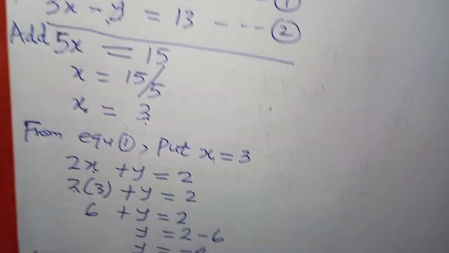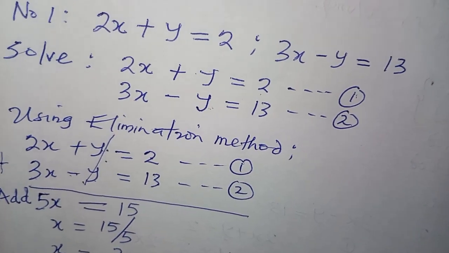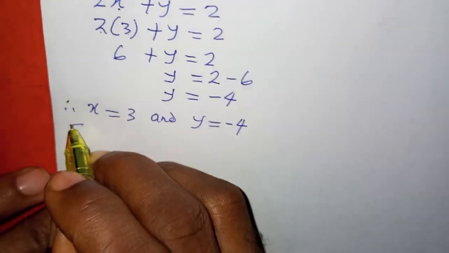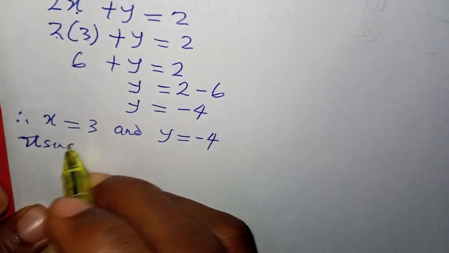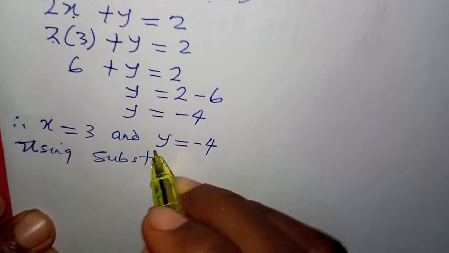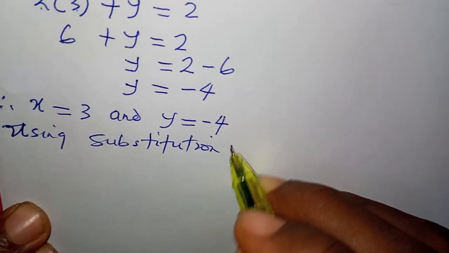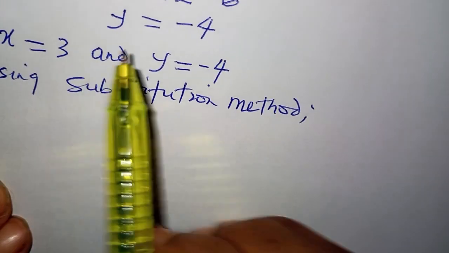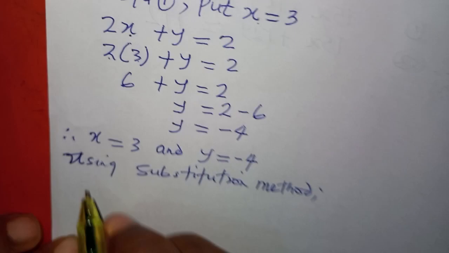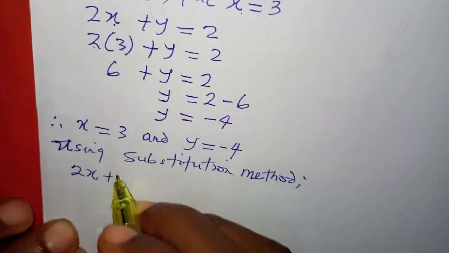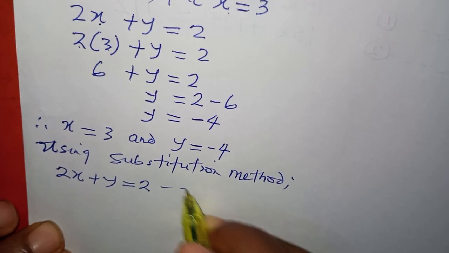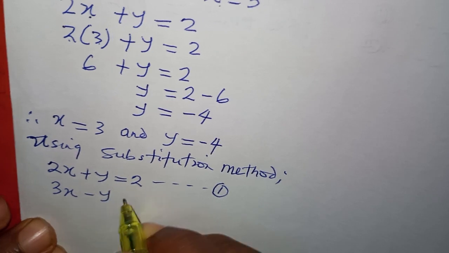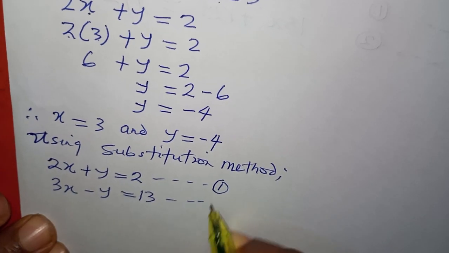Now I'll do a similar example for the substitution method. So using substitution method for this same problem, it is also simple. So I have the equation 2x plus y equals 2 as my equation 1. 3x minus y equals 13 as equation 2.